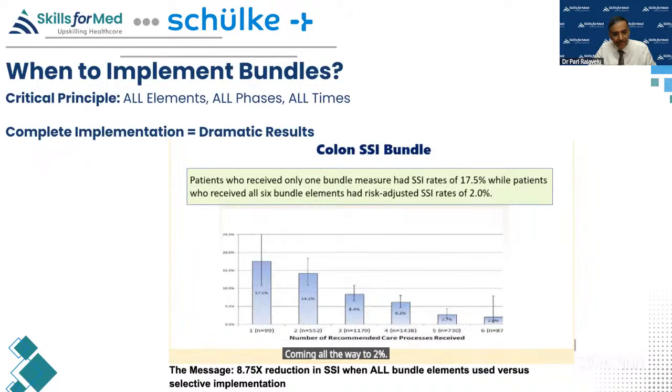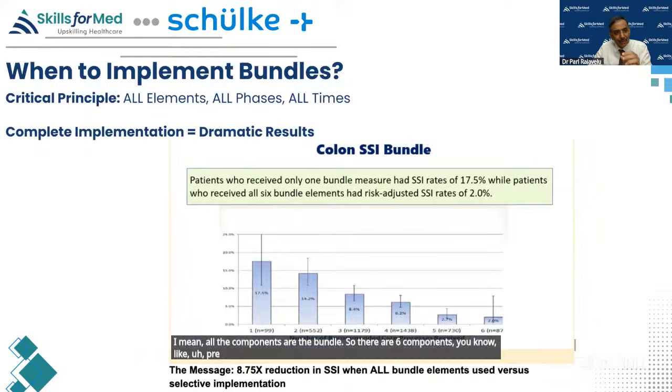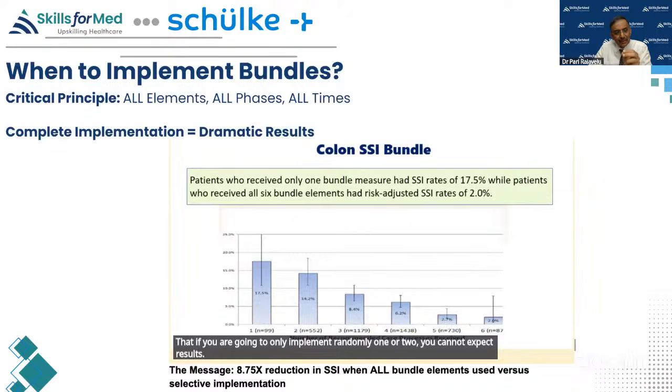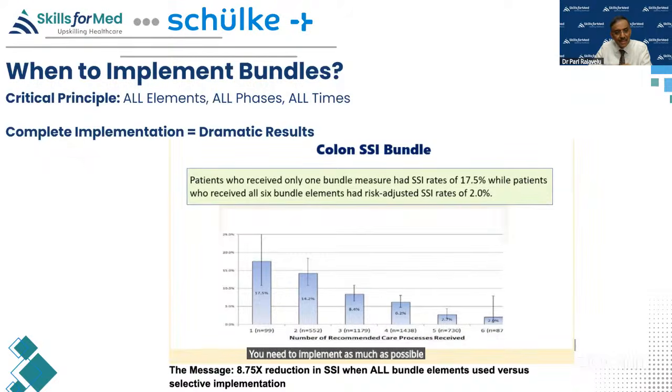There are 6 components, like preoperative bowel preparation and many other things. My point in this slide is that if you implement only 1 or 2 randomly, you cannot expect results. You need to implement as much as possible of these bundles, then you can radically reduce surgical site infections.